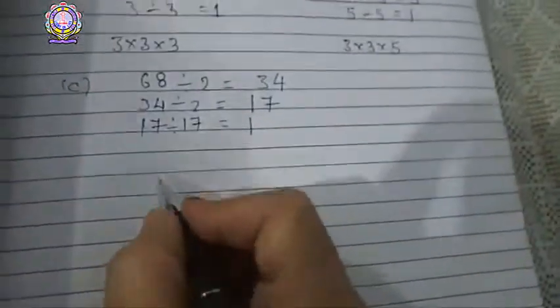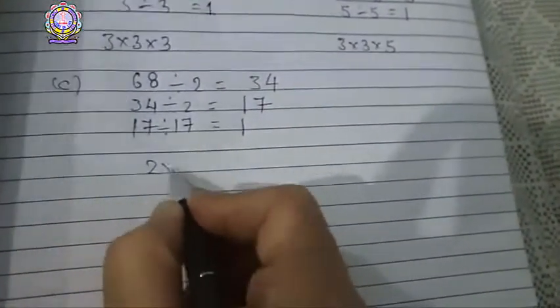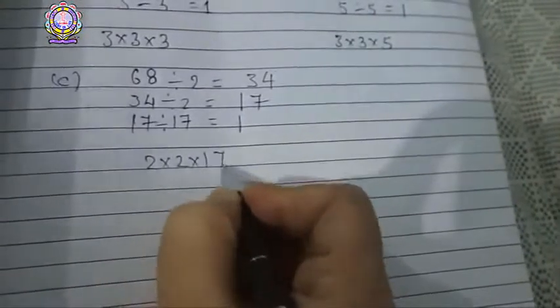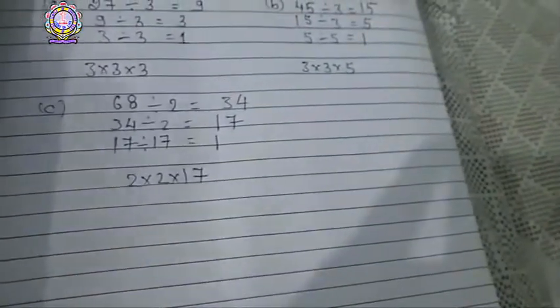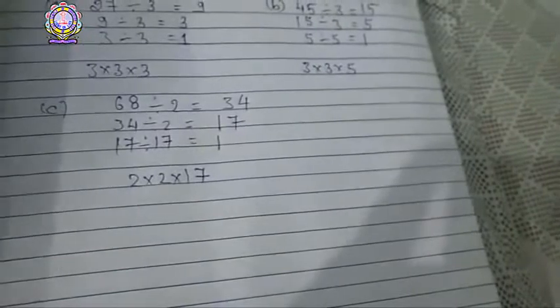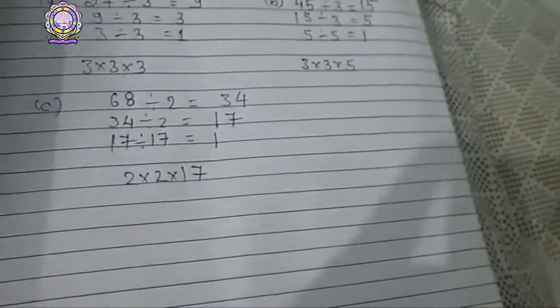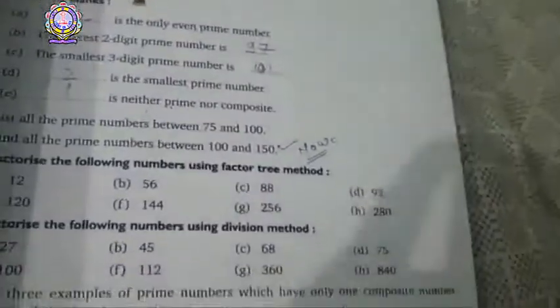So the factors of 68 are 2 multiplied by 2 multiplied by 17. Okay, let's see the next question.